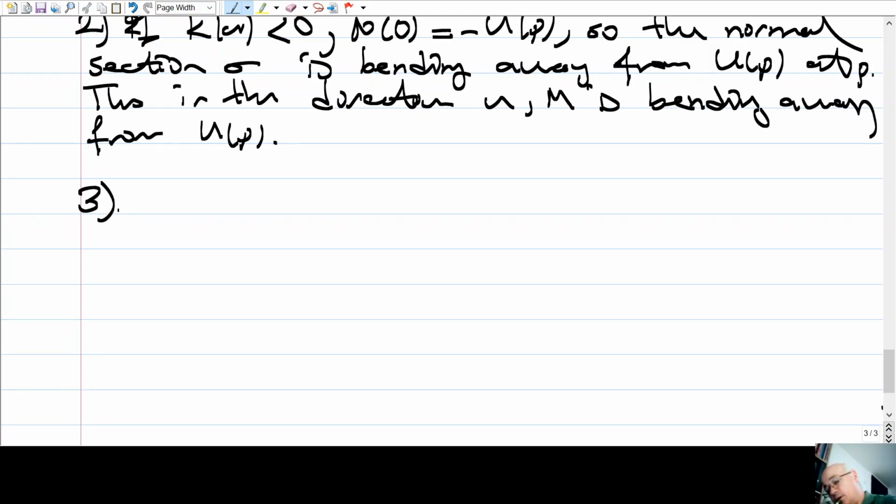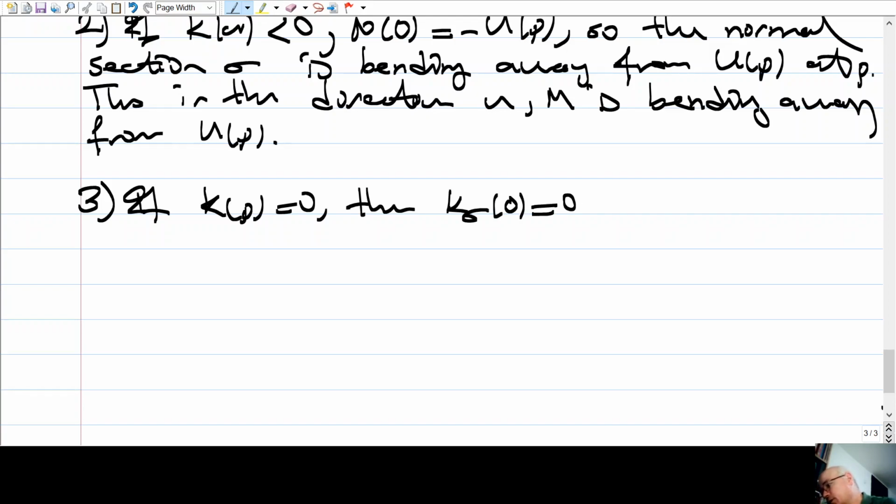If curvature is 0, then of course this should be 0. The normal curvature, if normal curvature is 0, then the curvature of the normal section is 0. And well, in this case, this is not defined.